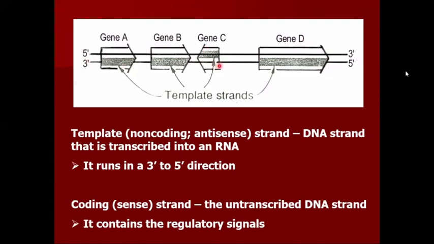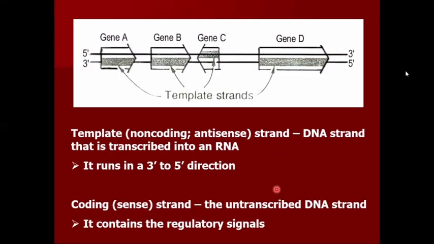And you will note that there are your DNA template. Okay? It is made up of the DNA. Remember the definition? A gene is a segment of DNA. And there are two kinds of strands, the template strand and the coding strand.